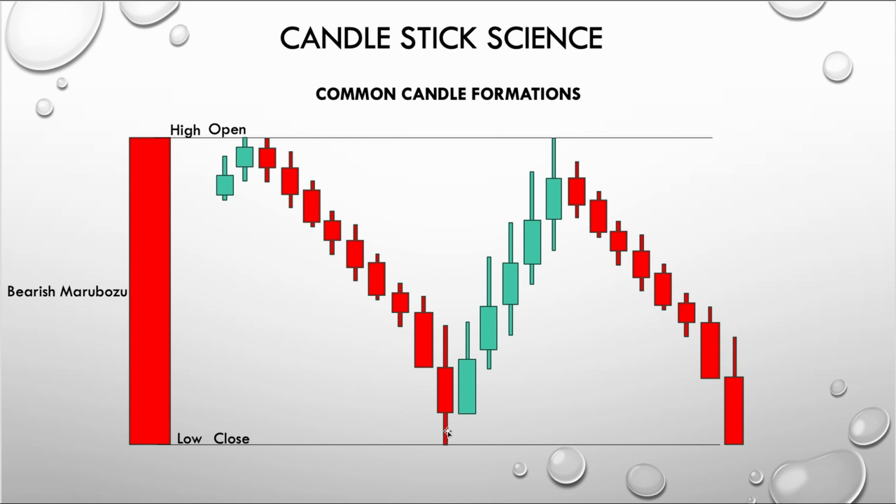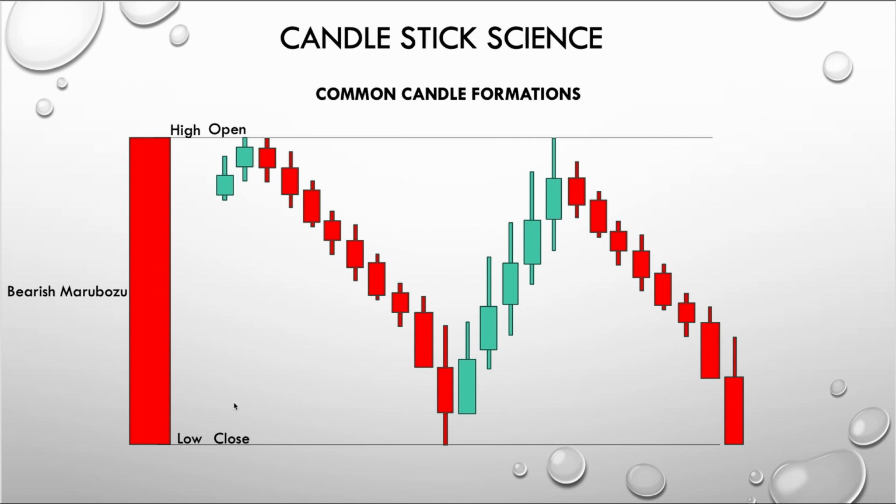At some point within the day, the buyers can take charge and push the price up, but they are quickly overwhelmed again by the sellers, who come in with a lot more volume to push the price back down, and then the price closes at its low. So here you see that there is a lot of selling pressure, even if the buyers are trying to push the price in the opposite direction, but the sellers come in with a lot of volume to create this Marabuzu candle which closes at the low.